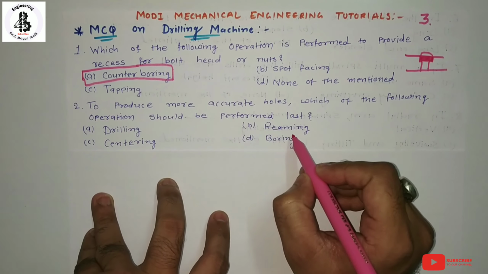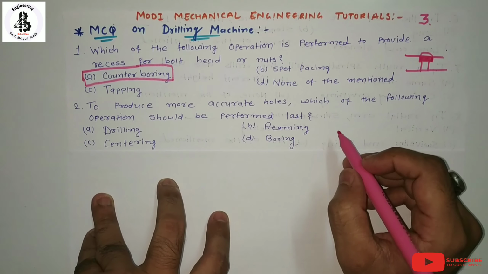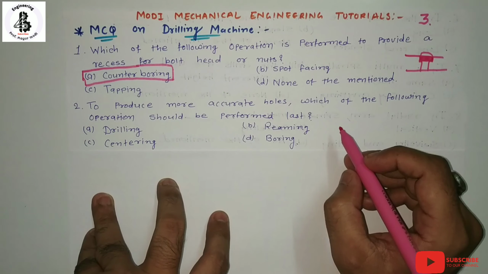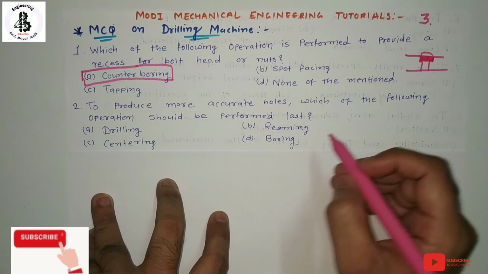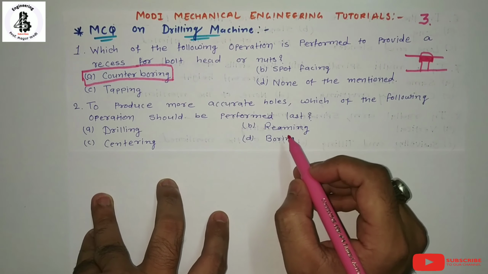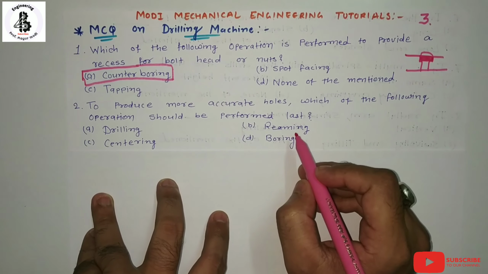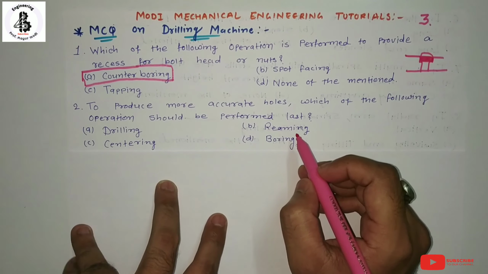Option B, reaming. Generally reaming is performed to give a good surface finish to an existing hole, so it comes last after the drilling operation. Basically reaming is used last for more accurate holes.